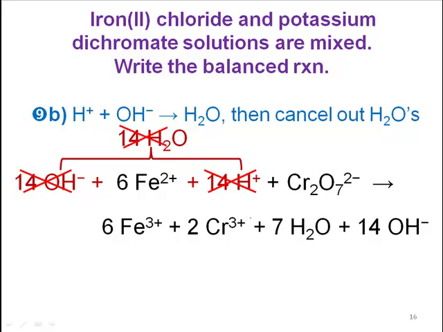And then you cancel out the waters, leaving us only 7 waters on the left-hand side and 0 waters on the right. So in basic solution and acidic solution, you have a different balanced reaction. In basic solution, that's when you will use the OHs and then cancel out any waters that form due to your adding of the OHs.